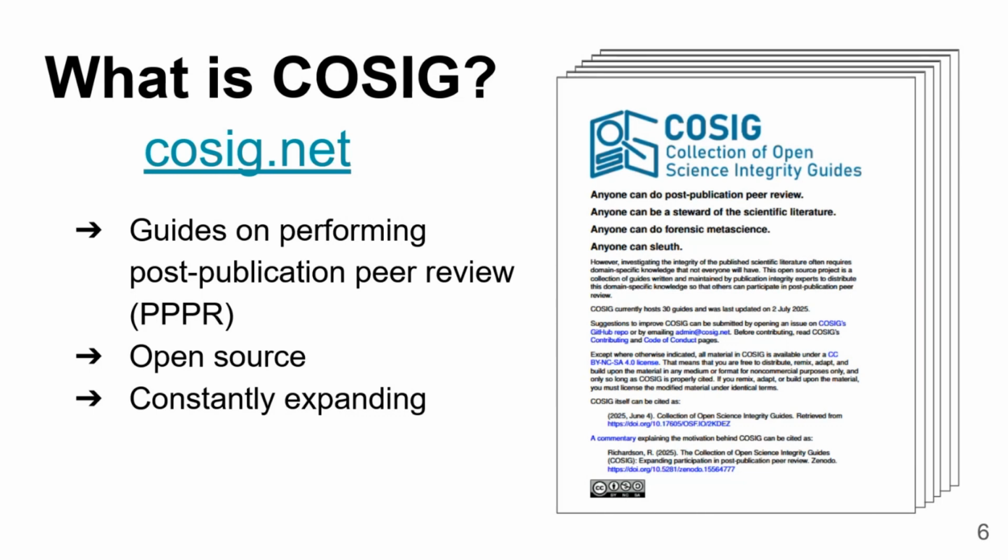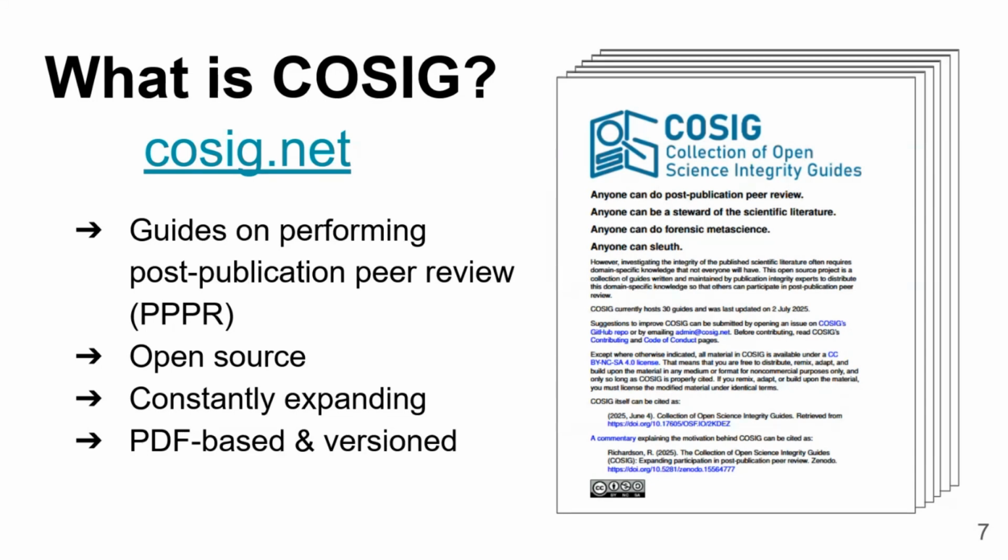These guides are fully versioned, and they can be distributed as one large PDF, or they can be distributed on their own. We want them to be used by research integrity officers, by educators, by working scientists, and anybody that wants to get involved in peer review and post-publication peer review. And as I said, they're distributed as PDF for maximum accessibility.